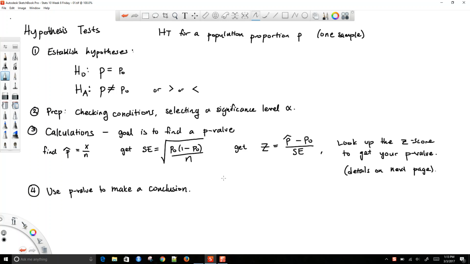So we use the p-value to make a conclusion, and the rules go like this. If the p-value is smaller than some level, and we use the significance level to make our decision, if the p-value is less than alpha, this means our p-value is small, and we reject the null hypothesis.